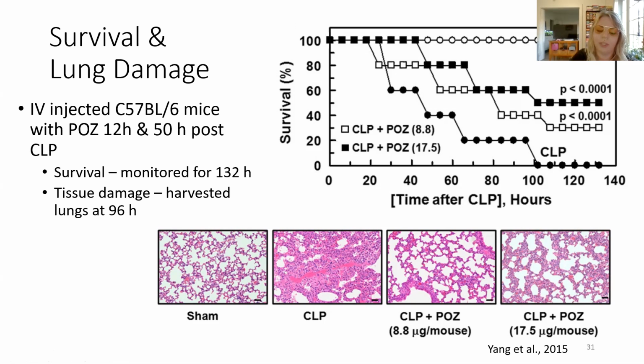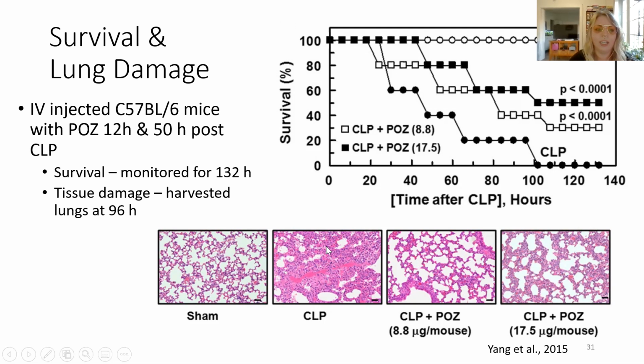So they received the 2 doses of the pause treatment at 12 and 50 hours post-surgery. And then 4 days post-surgery, they euthanized the mice and looked at their lungs. And they saw a significant decrease in the leukocyte infiltration with the treatment compared to the CLP mice.